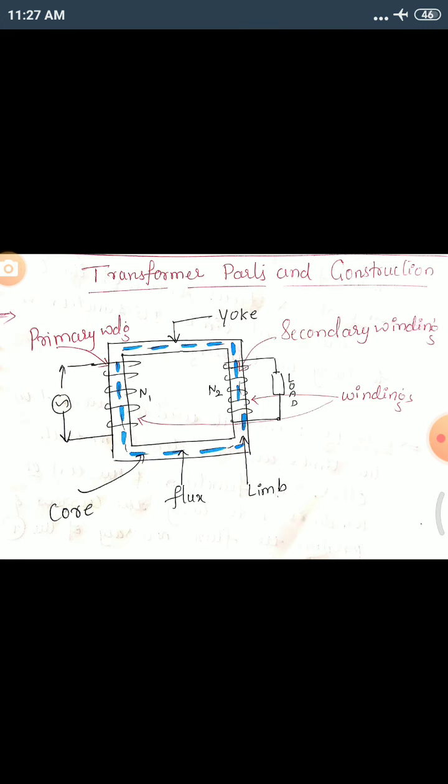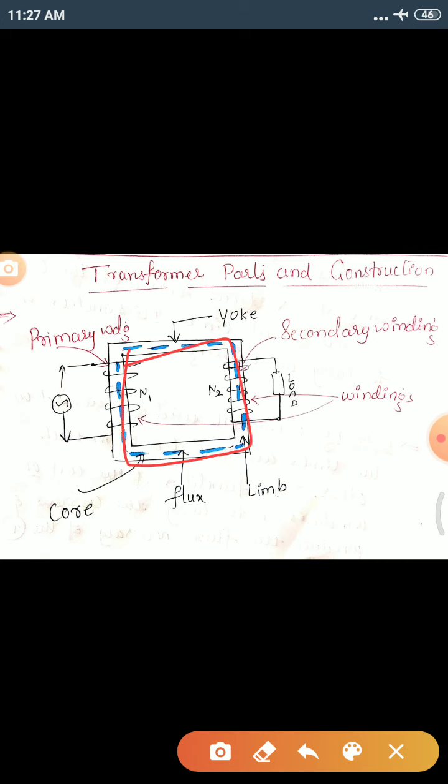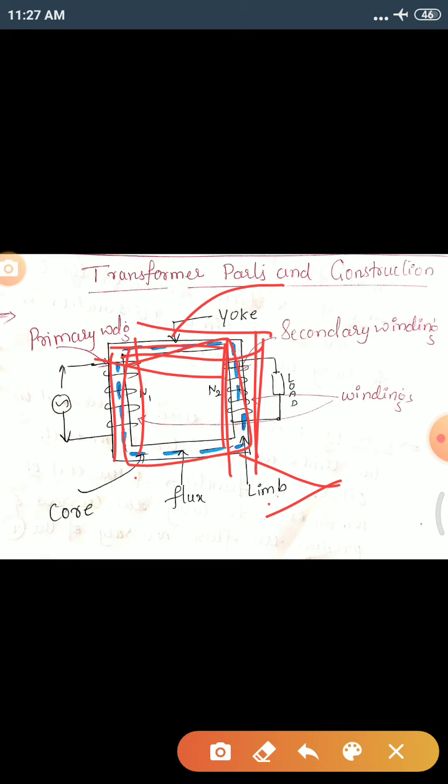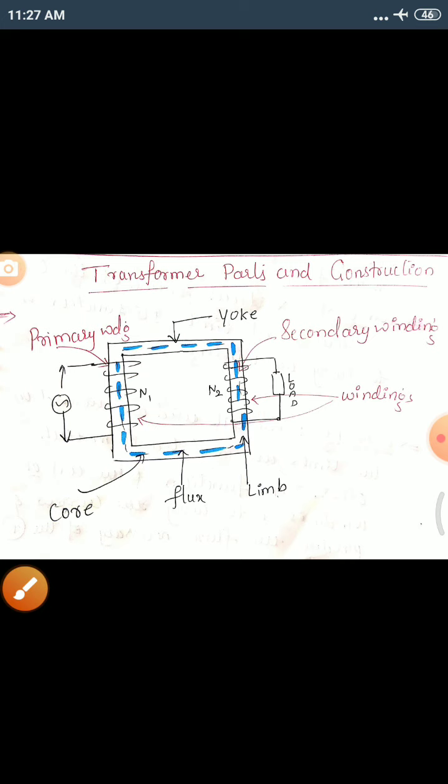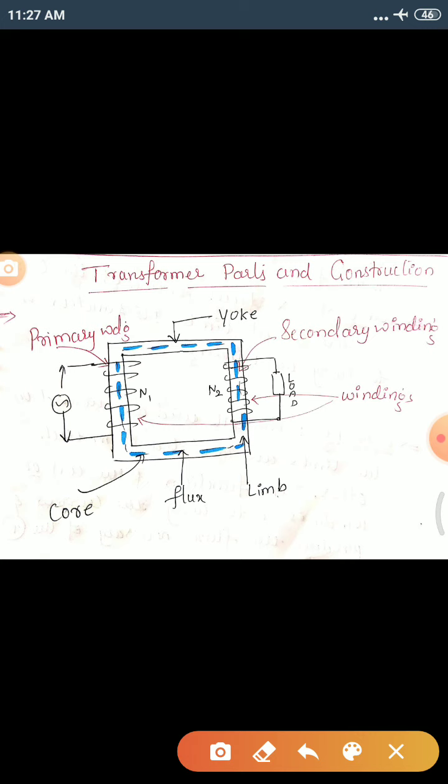The horizontal part is the yoke, and the vertical parts are the limbs. Limbs are just like the legs of the transformer, and the horizontal lines are the yokes. This is about the core, and we have flux flowing in that magnetic core, and then we have the windings, primary and secondary.